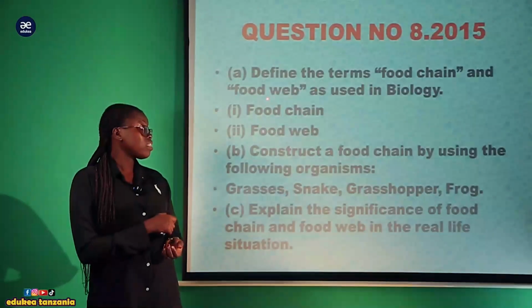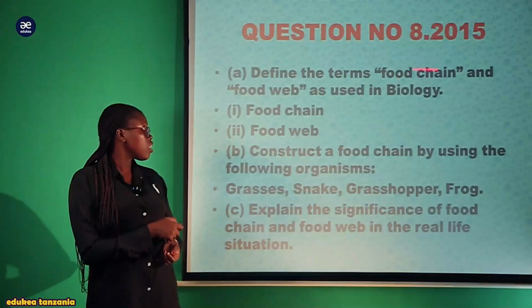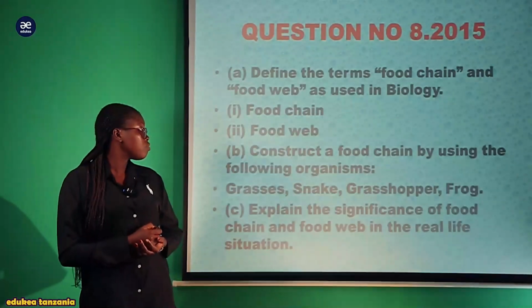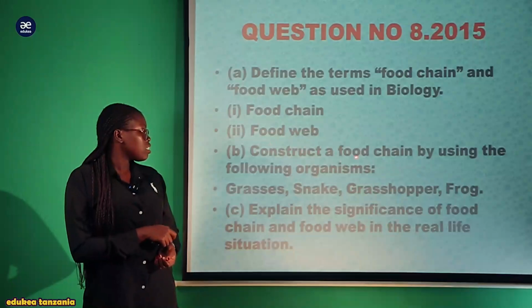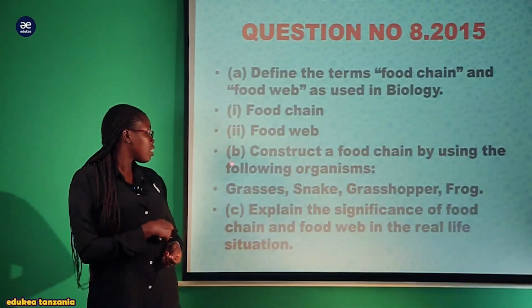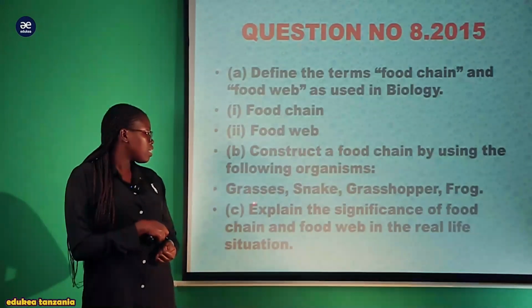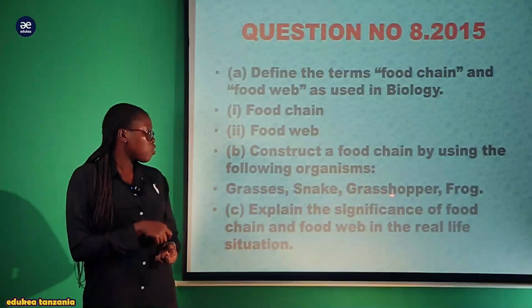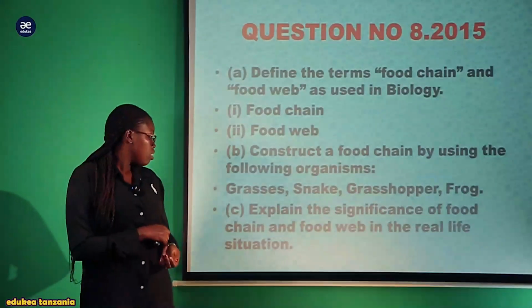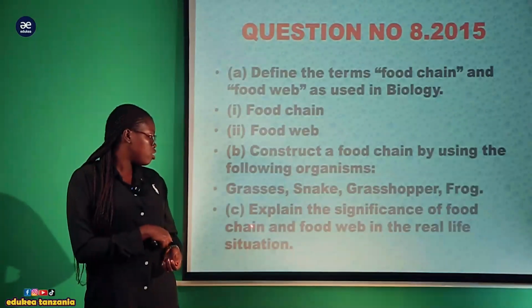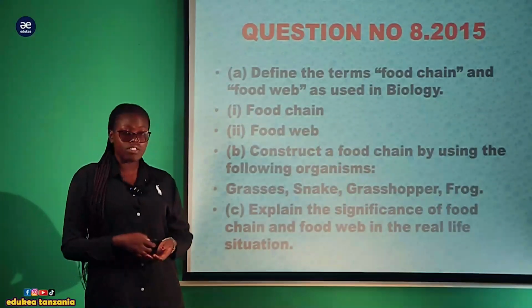And the second one, construct a food chain by using the following organisms: grasses, snake, grasshopper, and frog. And the last one, Roman C, explain the significance of food chain and food web in the real life situation.